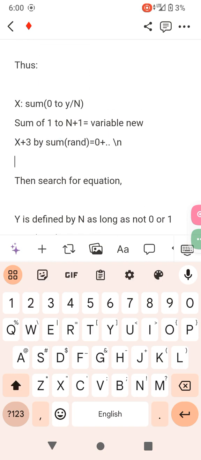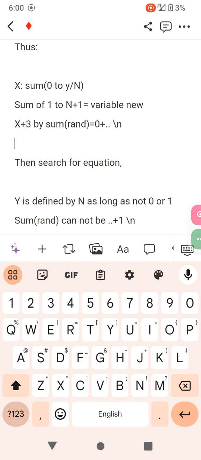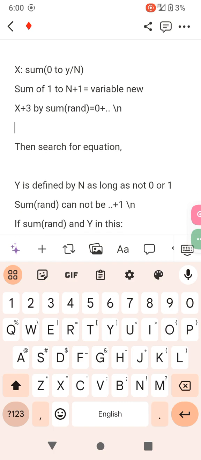Then the sum of 1 to n plus 1 would equal that variable nu, meaning x as the sum of 0 to y over counter n, and x is the sum of 0 to y.